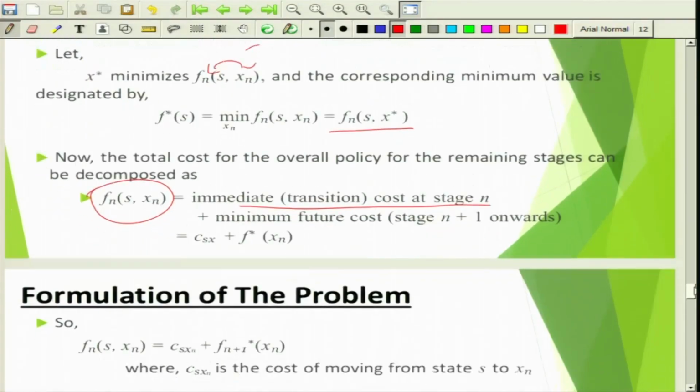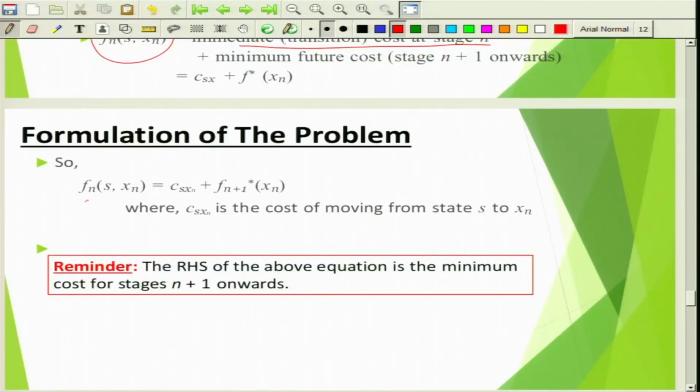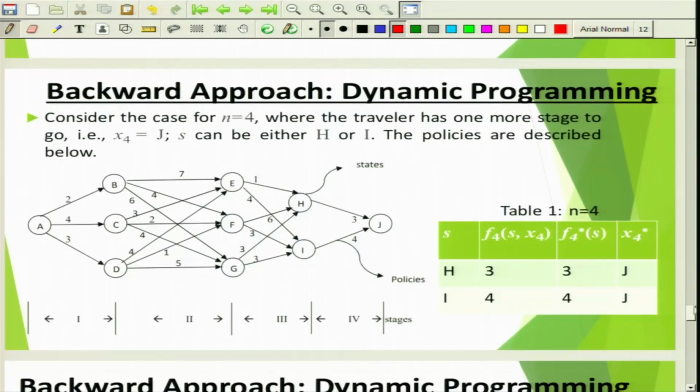So this is the expression: Fn of s comma xn is equal to Csxn, which is the cost of moving from state s to xn, plus the most minimal cost of moving from state xn to the ultimate destination, right. I will take you through an example to help you understand in a better way.